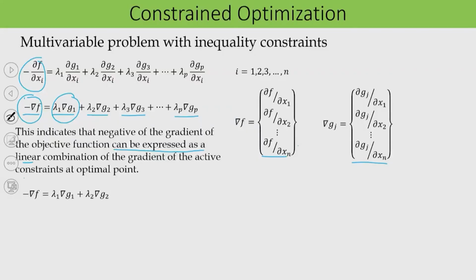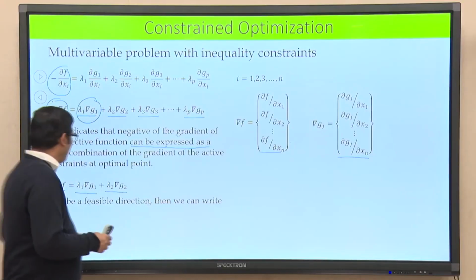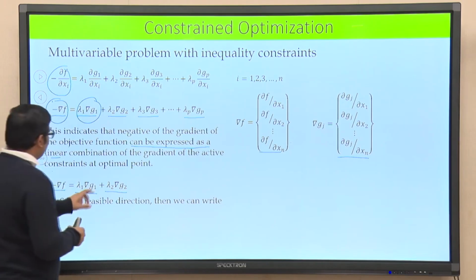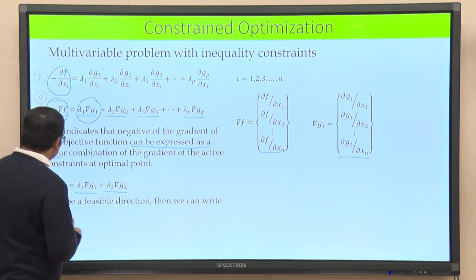Then minus del f is equal to lambda 1 del g 1 plus lambda 2 del g 2. I am expressing it like that at a particular solution point, suppose at the optimal solution.